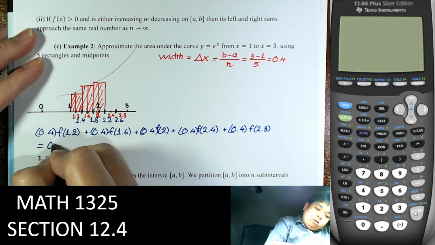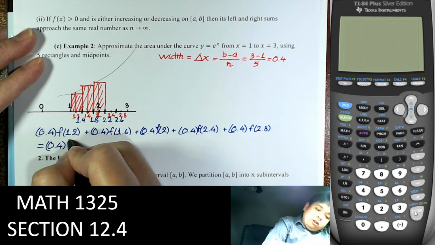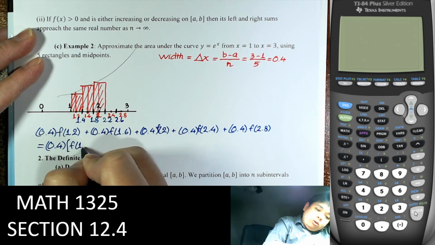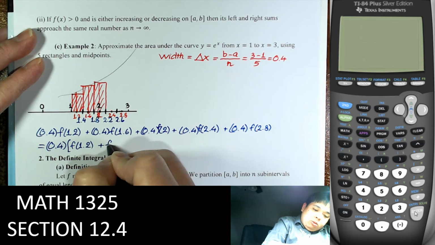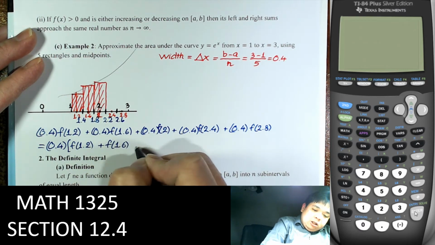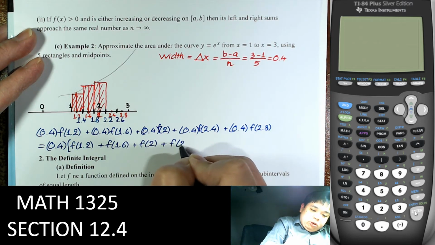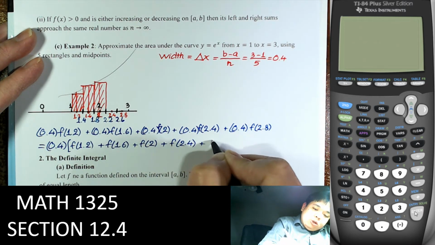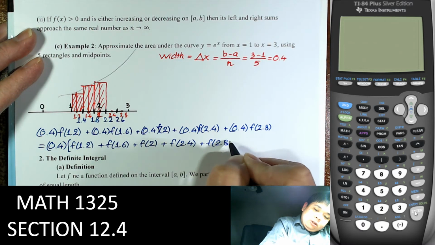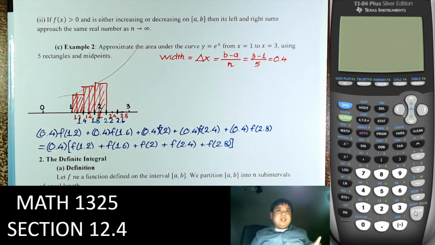So we factor out 0.4: f of 1.2 plus f of 1.6, f of 2, f of 2.4, and f of 2.8. Right, so that's easy enough.